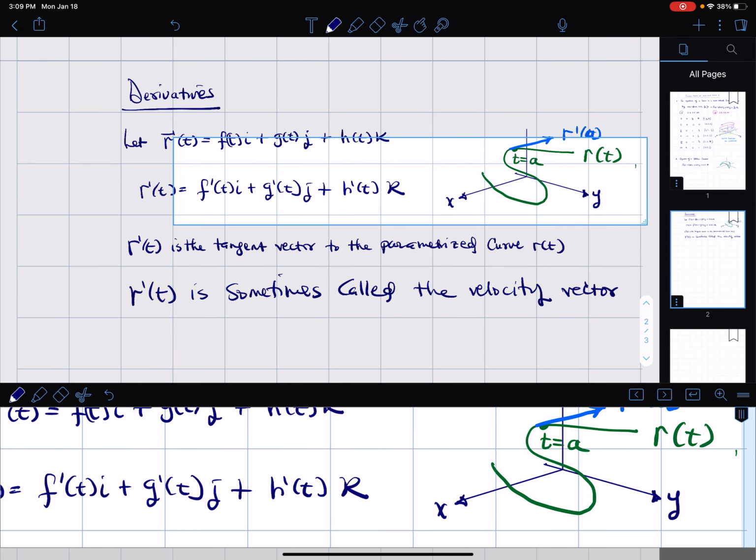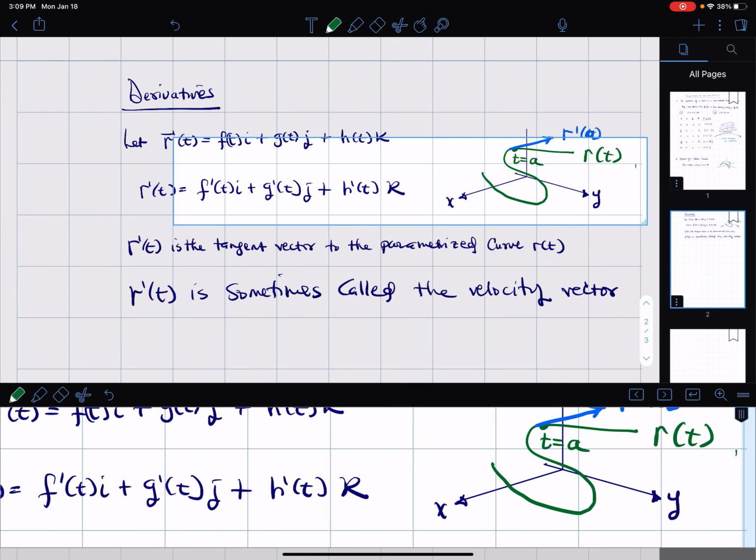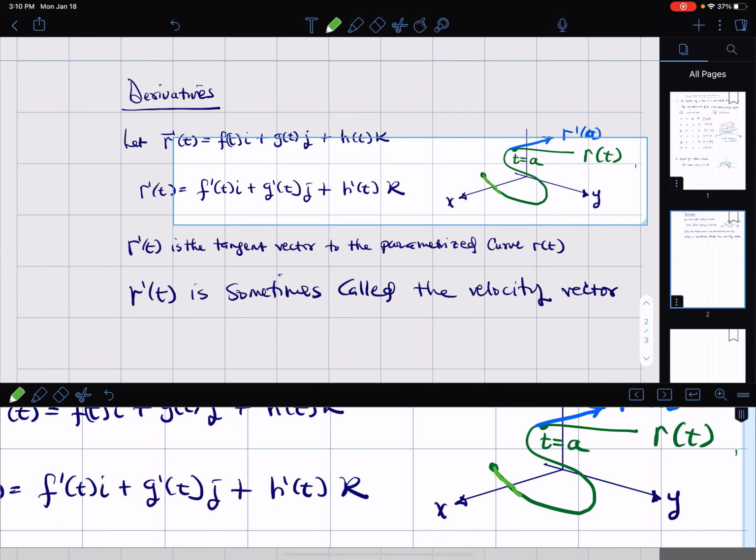Why? Because if you have a curve in space that has been described as a parametric equation, you can think of this path as the trajectory of an object in space. Let's say you have an eagle flying in space, or a fly.